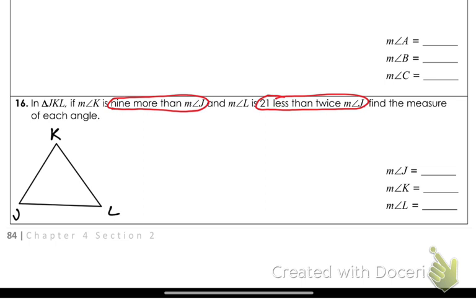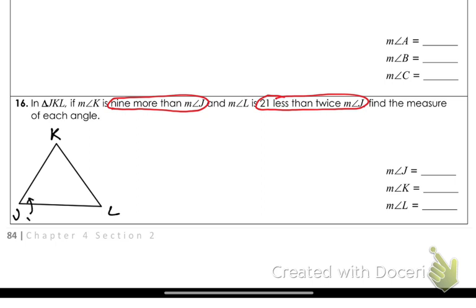So the key to this one is, notice how they're both comparing to angle J. They said this one's 9 more than angle J. This one says it's 21 less than twice angle J. Well, I'm just going to make angle J my unknown variable.